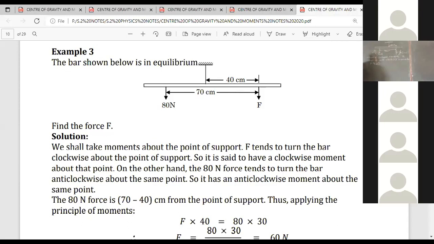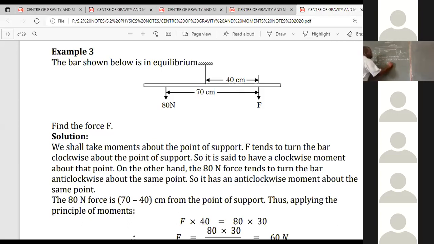I'm not converting to meters for the reason given in the previous examples: the units will cancel out. When units are canceling out, you may not have to convert. Now for the anticlockwise force, it is 80. Now we want the perpendicular distance from the line of action of the 80 newton force to the turning point.